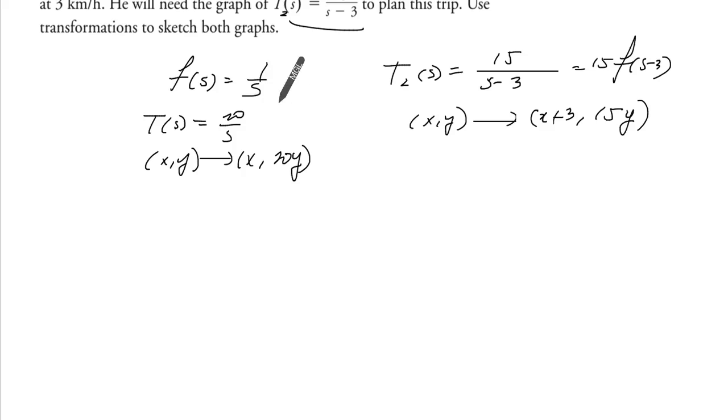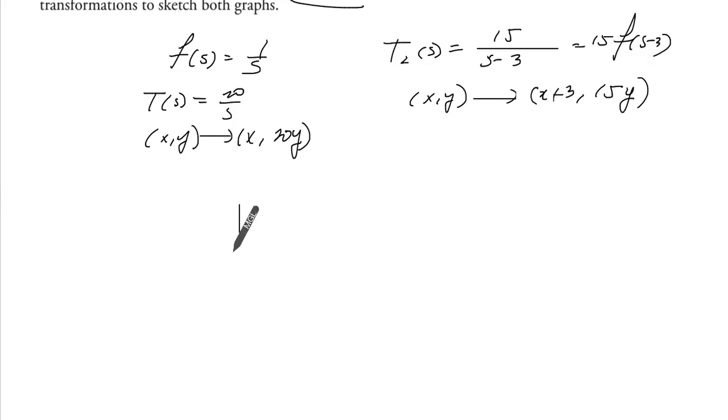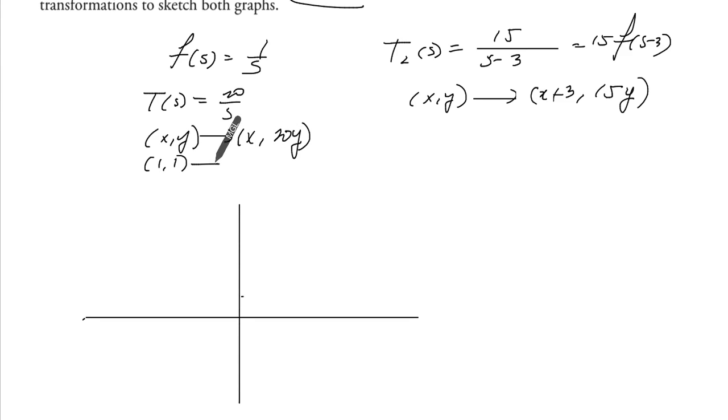So in the original graph of 1 over s, it looks like a hyperbola. It's got the point (1, 1), (negative 1, negative 1). But for this one here, the (1, 1) is going to turn into (1, 20). So if this is 1, up here is 20, let's say.